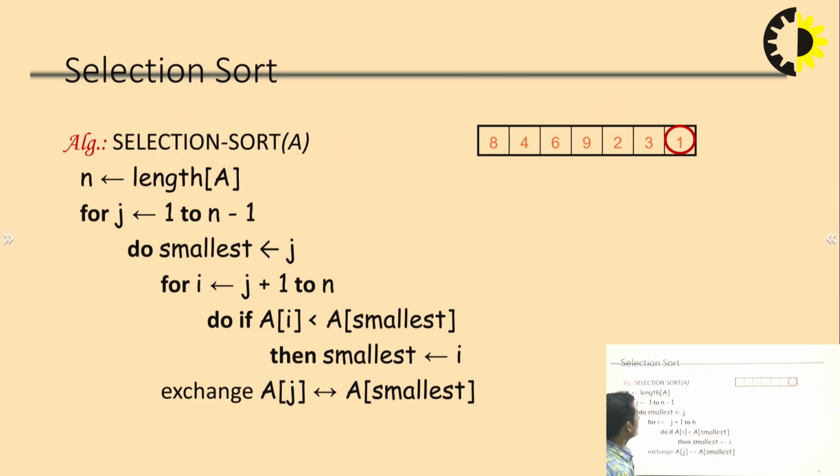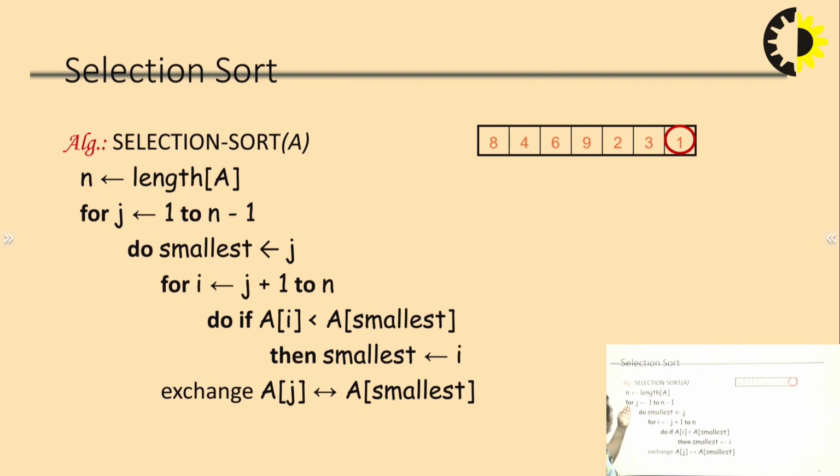Now the selection sort algorithm. This scenario is converted into written form, that is the algorithm. So perform the selection sort on the given set of data. Let this be A. Now the length of A is n, a total of n elements are there.